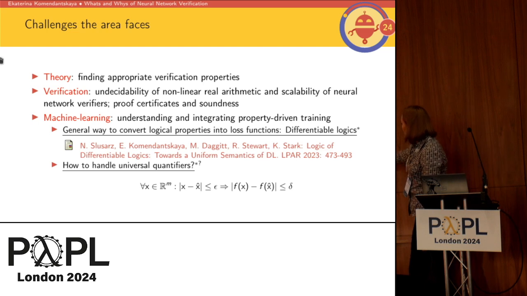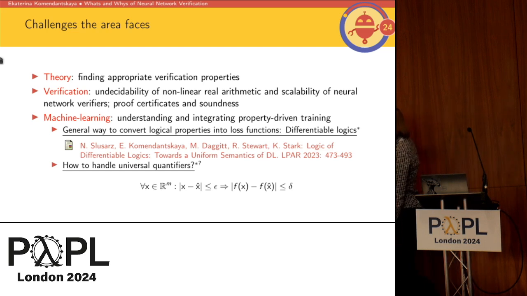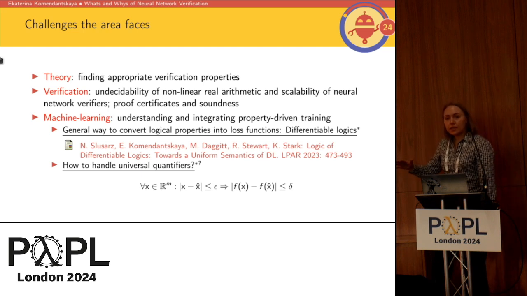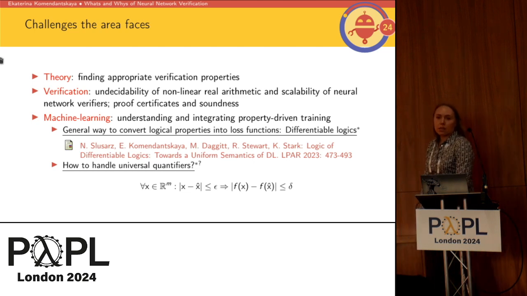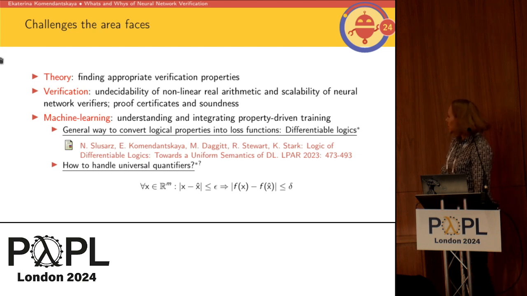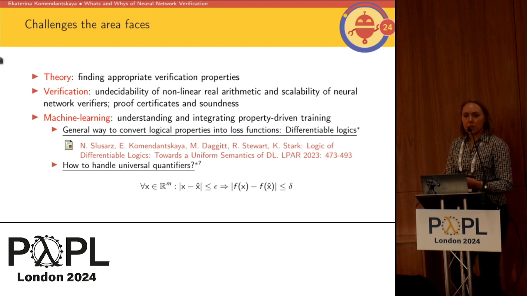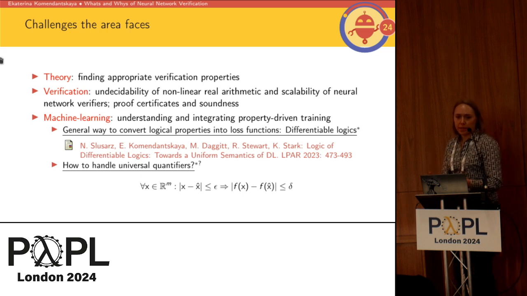So let's have a look very briefly at color coding. It's just one star for differentiable logics because there is something to do in terms of declarative languages, but part of this is machine learning perspective. And for quantifiers, I put a question mark because when you say it's a search for the worst perturbation in this real space, in this quantifier domain, it really gets very much in the way of what standard machine learning does for adversarial examples.